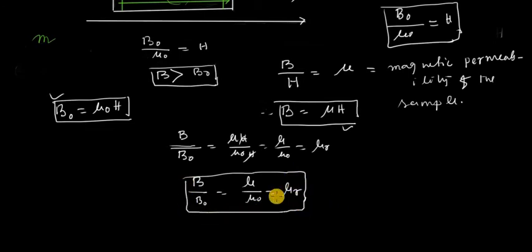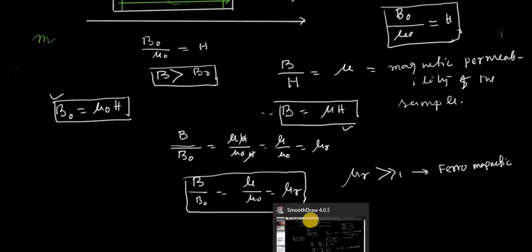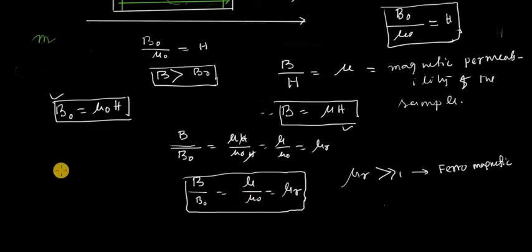So B by B0, that is actually mu by mu 0, is called relative permeability. Now if the value of mu r is very much greater than 1, then that type of material is called ferromagnetic material. That means lines of force increase by a very high value. When mu r is very much greater than 1, that means B by B0 is very much greater than 1, that means B is very much greater than B0.